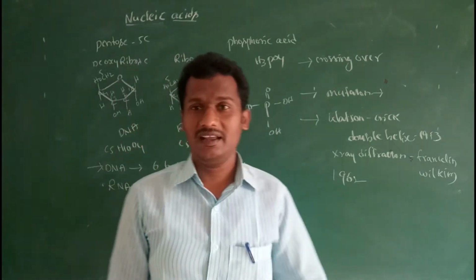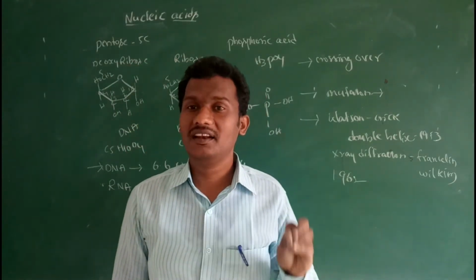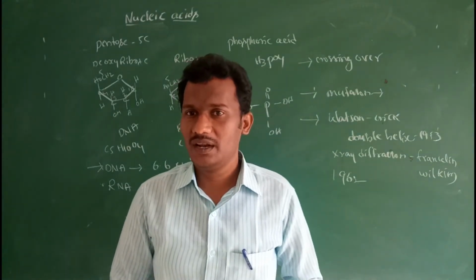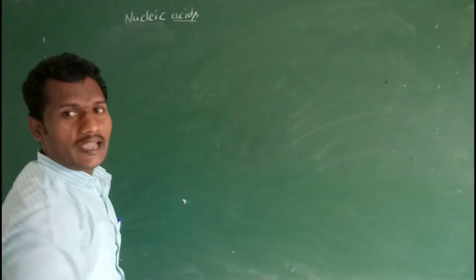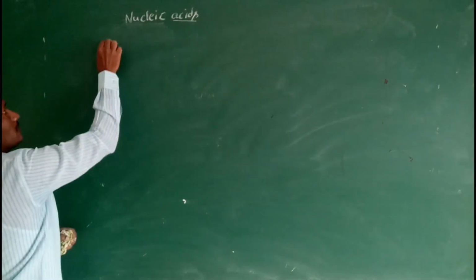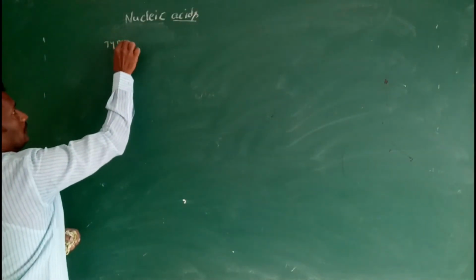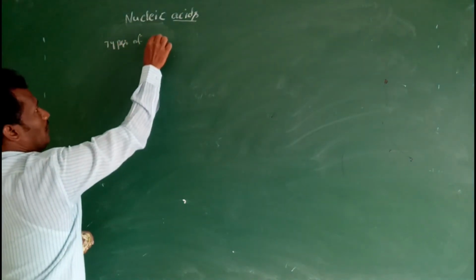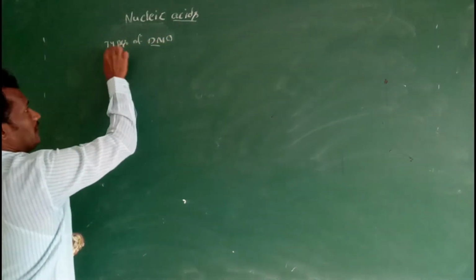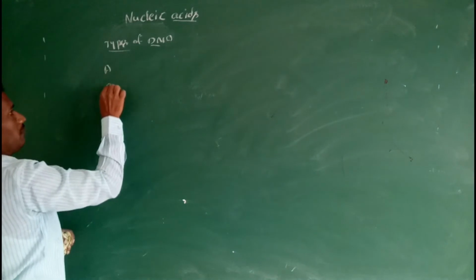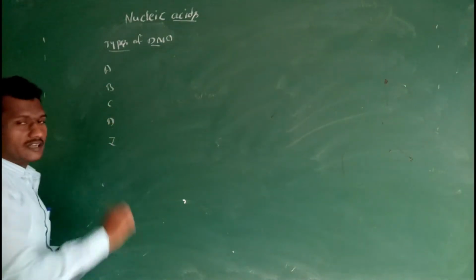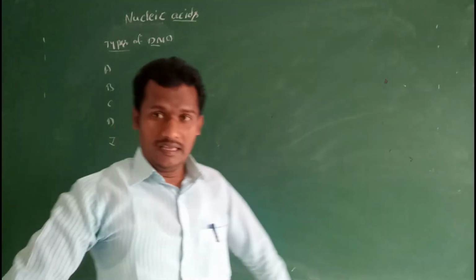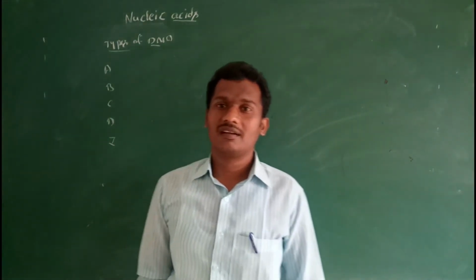These double helical structures show the secondary structure of nucleic acids, especially DNA. Types of DNA: A type, B type, C type, D type and Z type. Generally DNAs are right-handed.